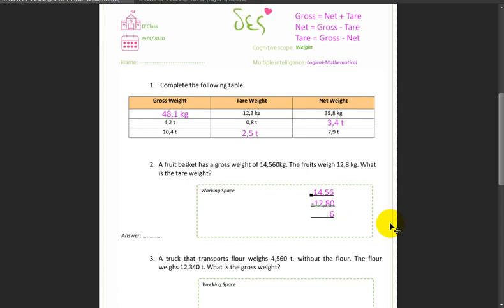I can't do 5 take away 8, so I'm going to do 15 take away 8, which is going to give me 7. And then I need to do 4 take away 3, because it just borrowed. 4 take away 3 makes 1. And then 1 take away 1 makes 0, which I can avoid writing entirely. So my answer is 1.76 kilograms.